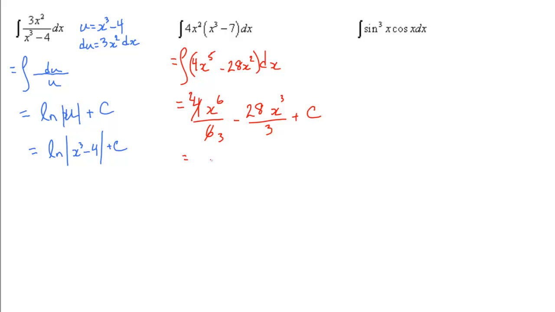This one doesn't reduce, so we end up with 2x to the 6 minus 28x cubed all over 3, since the common denominator is already there, plus a constant.